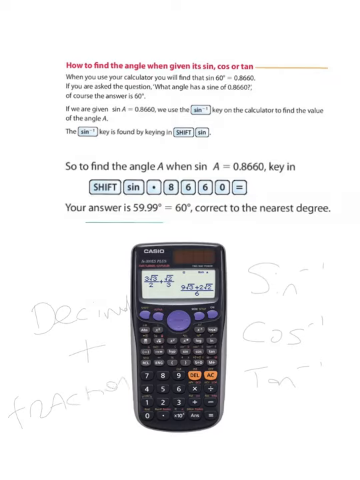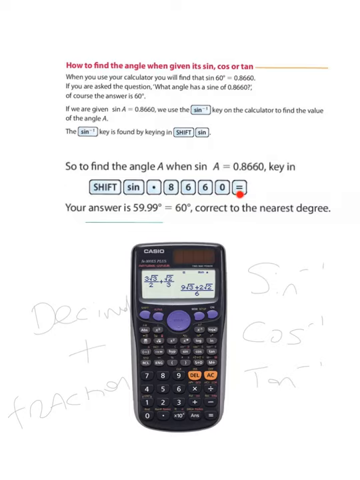Okay, so just putting that into practice then, going through this example here. So find the angle A when sine A is equal to 0.8660. So then you must press inverse sine, which is shift sine, and then you put in your 0.8660.